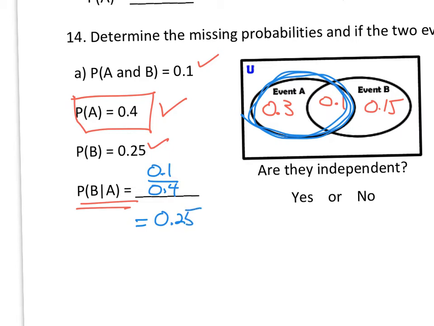So my probability that B happened given that A happened is 25%. And when I compare that, the question is, does that equal the probability of B? And our answer is yes. Since those are in fact equal, that shows that this is an independent situation.